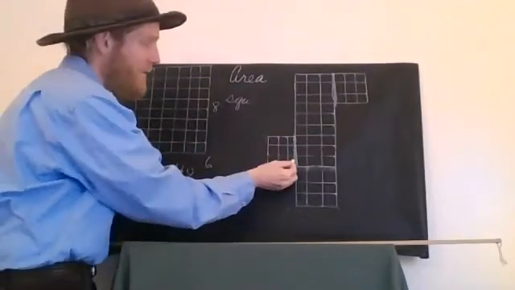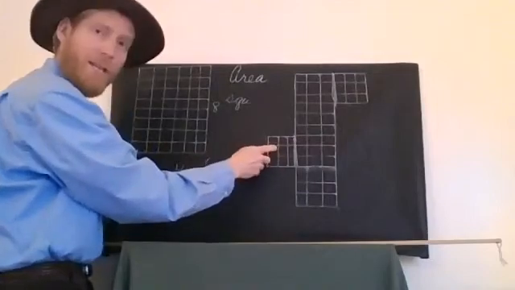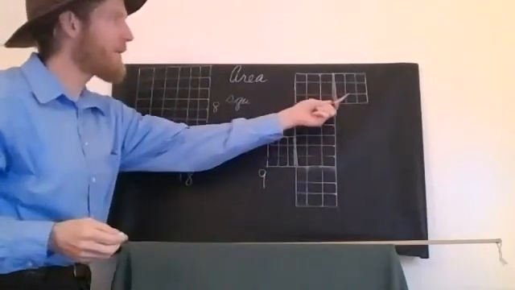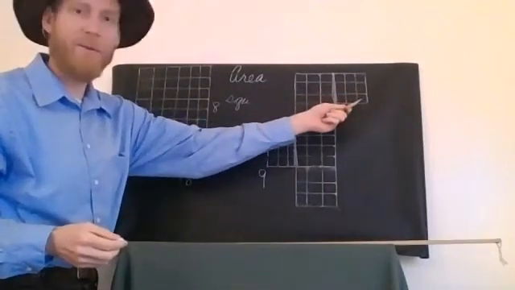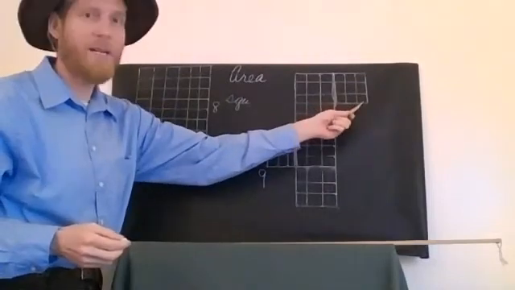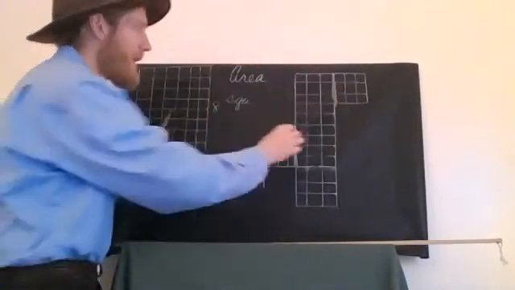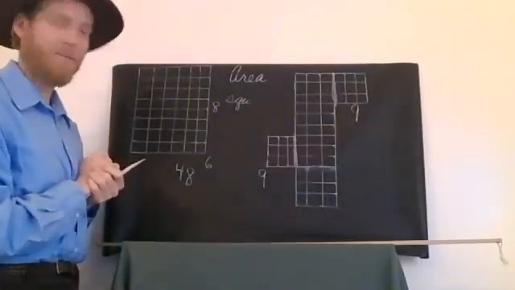So I could go, well, there's 3 across this way and there's 3 across that way. So the area of this square is 9. What about this? Same thing. There's 3 this way and 3 that way, right? 1, 2, 3, and 1, 2, 3. So the area of this one is also 9 because 3 times 3 is 9.